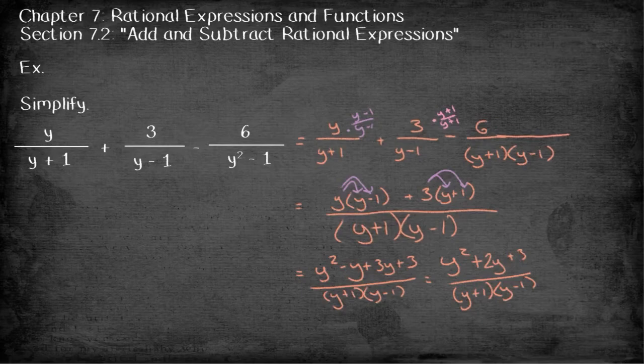And it looks like that's as far as I can simplify it, because if I wanted to factor the numerator, I'd want two numbers that multiply to give me 3, which there's 3 and 1. But it's positive, so they have to have the same sign. And then it wouldn't add up to 2y in the middle. So yeah, I think this is all set.